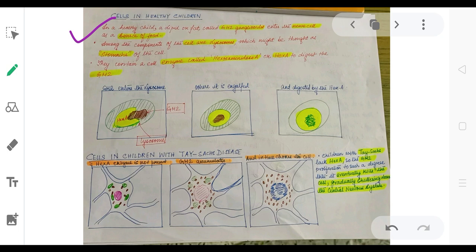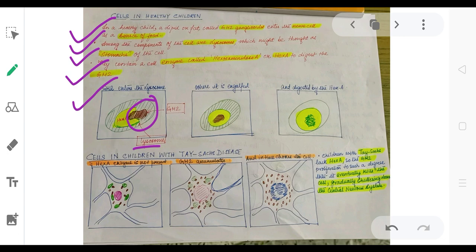Among the components of the cells is the lysosome, which might be thought of as the stomach of the cell, and it contains an enzyme called Hex A. This Hex A digests GM2. So in a normal cell, GM2 is entering the lysosome.